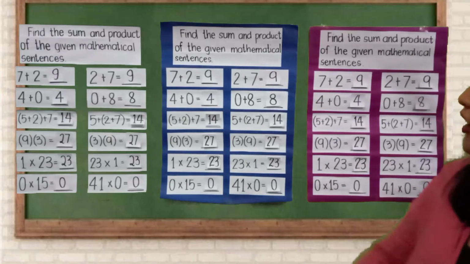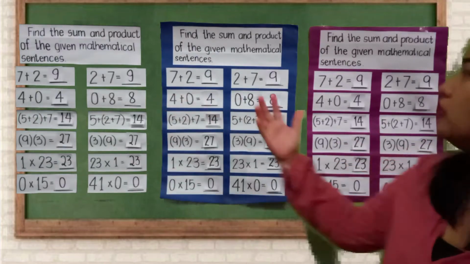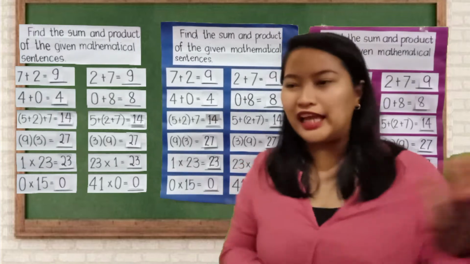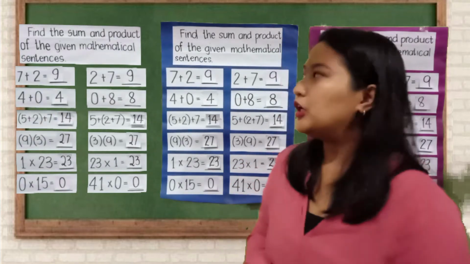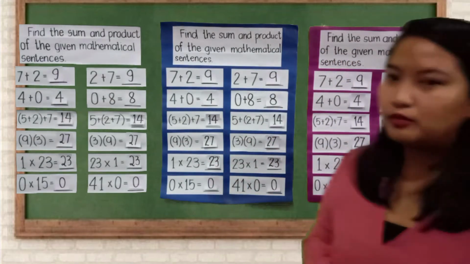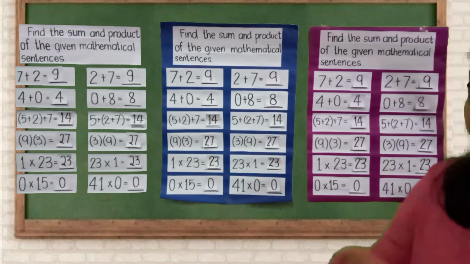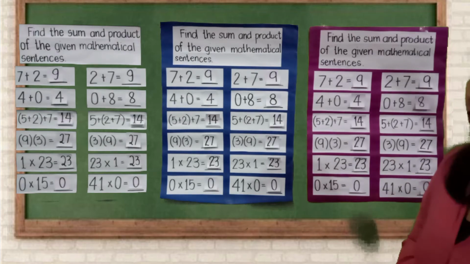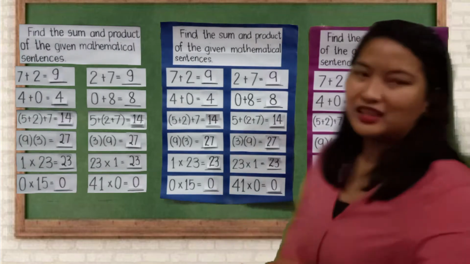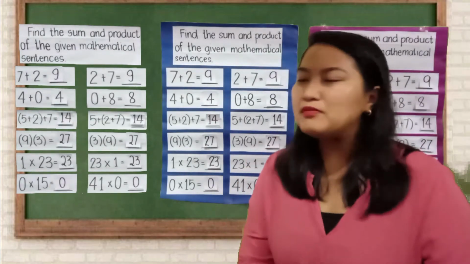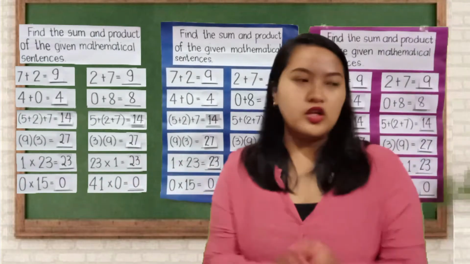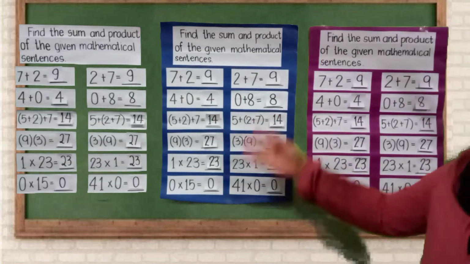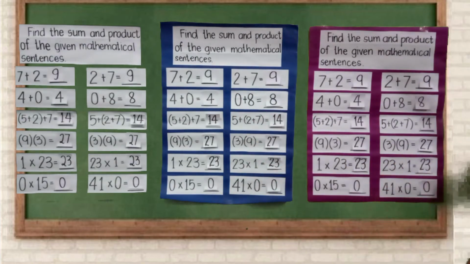Okay, so here are the outputs of our groups 1, 2, and 3. May I call on now the representatives for groups 1, 2, and 3. We'll have first group 1. Yes, the stage is yours. Okay, thank you. Let's give 3 claps to group 1. 1, 2, 3. Very good, group 1. How about group 2?